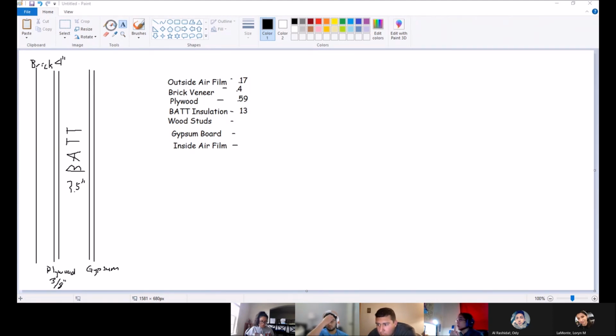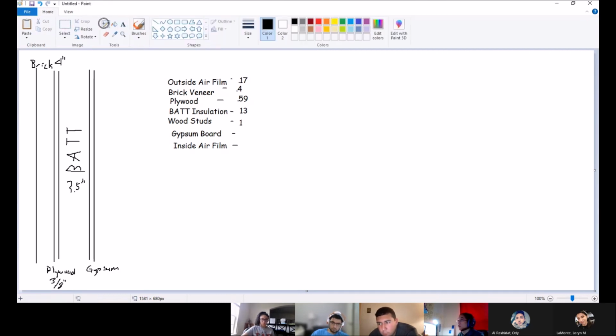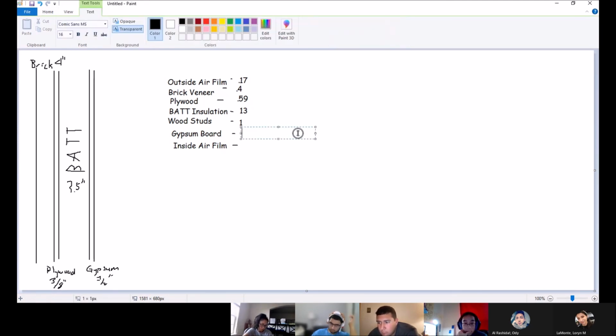I'll just say it's 1. Yeah, 1. And your gypsum, let's just say it's this one. Let's just say it's 1/2 an inch, right? Gypsum of 1/2 an inch. Just make that 0.45.